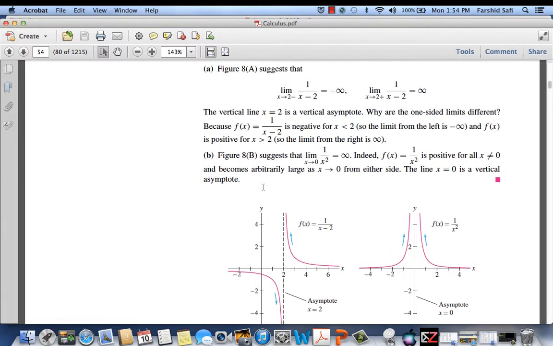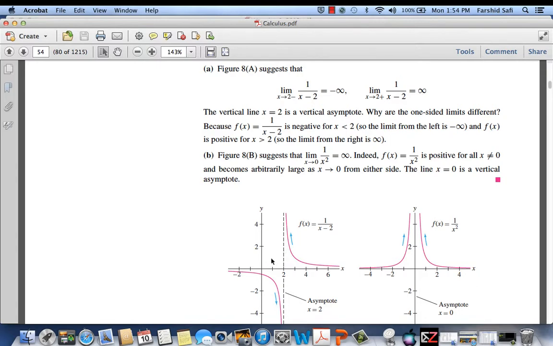So the limit as x approaches 2 from the left of the function is equal to negative infinity, because we're going down like that. And the limit as x approaches 2 from the right of this function is positive infinity. So that's what we would get for the two one-sided limits.